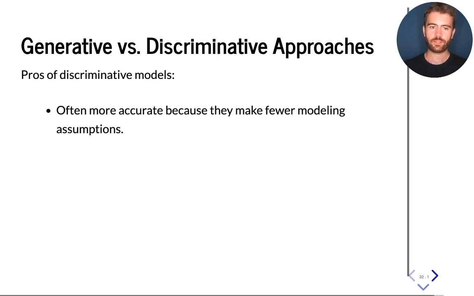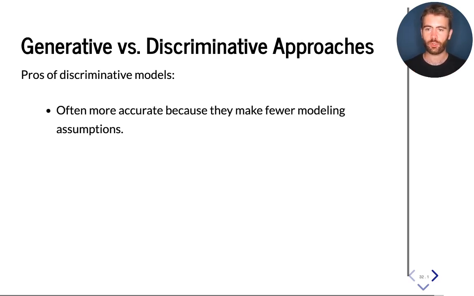I would say that the main advantage of discriminative models is that they tend to make fewer assumptions about the data. They model less of the data. For example, they don't model X at all. They only model Y given X, and there is no model of X at all that is done.